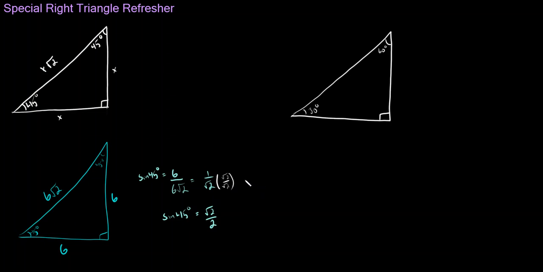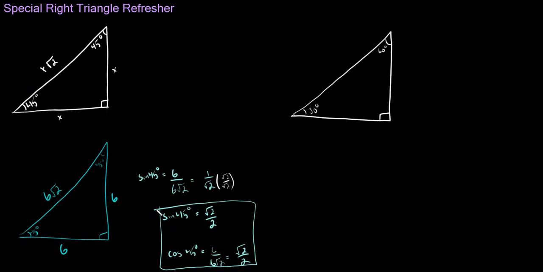What's nice is that if I did cosine of 45 degrees, I would end up with the exact same problem: 6 over 6 root 2, which once again reduces to the square root of 2 over 2. So notice that sine and cosine of 45 degrees are the same.